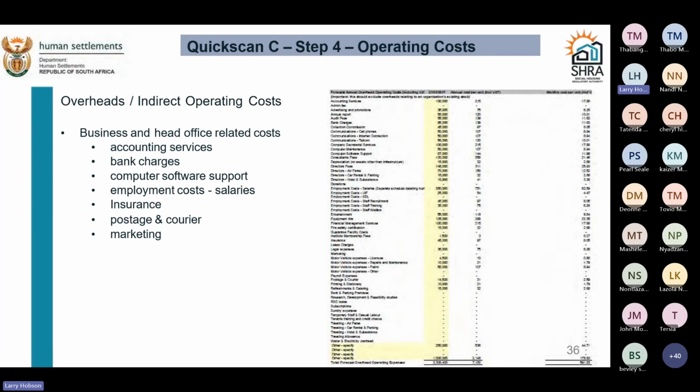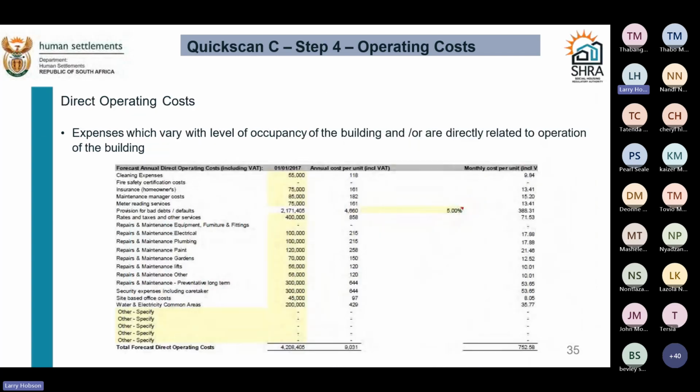This is insurance of the head office. Insurance on the project itself would go under the project operating costs. So you'd see that insurance should be shown here as, yes, there we go, homeowners insurance on the development.